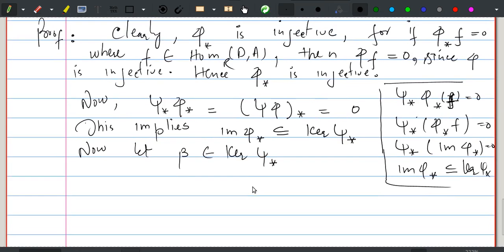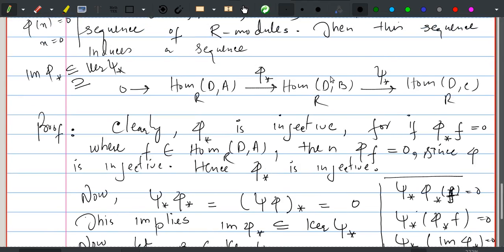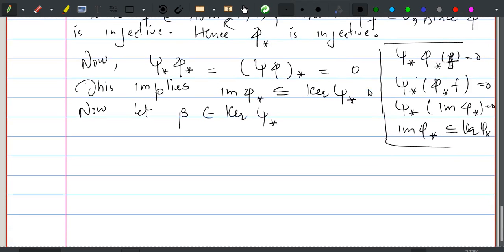Beta being an element of kernel of psi star, that means beta is a module homomorphism from D to B. Then psi star of beta will be 0, because beta is in kernel of psi star. But by definition, psi star beta is same as psi beta. This means psi beta is 0.